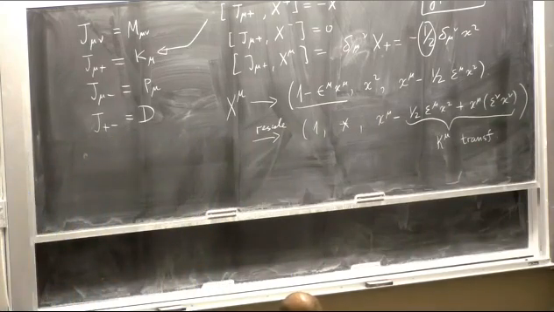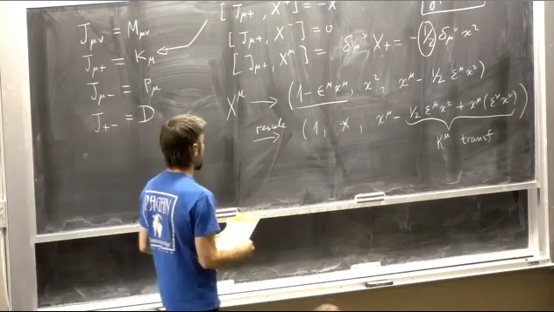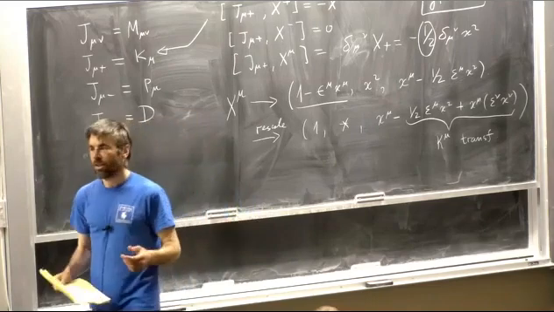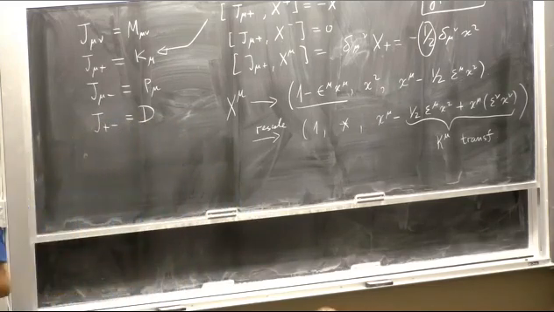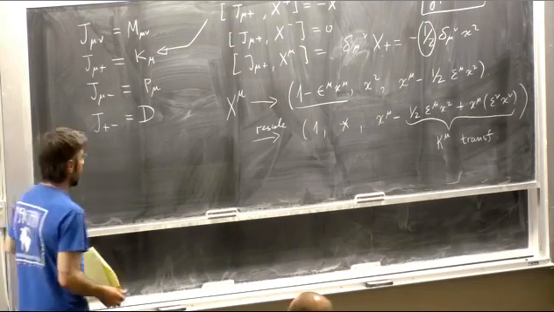And so in this way, you can generate all conformal transformations, and moreover, you can also generate the conformal transformations which do not belong to the connected component of the conformal group.